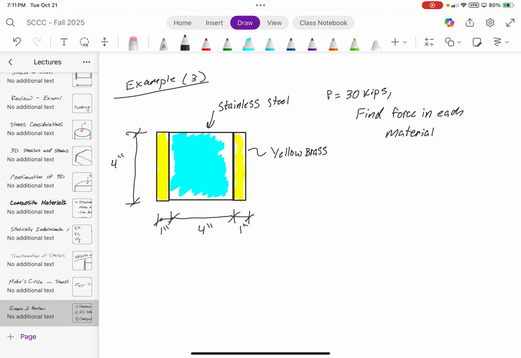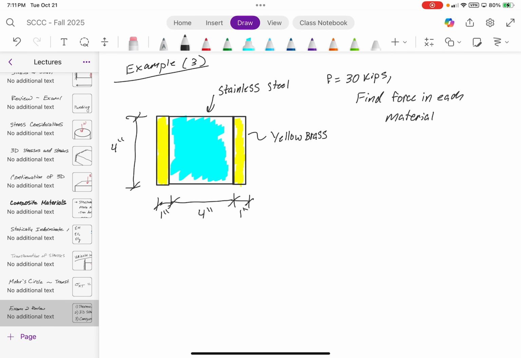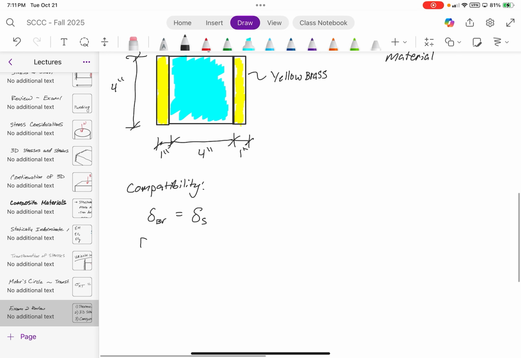All right, so first step, we want to understand how the materials relate to each other. What is this process called? Compatibility. And what does compatibility tell us? Exactly. Deformation of the brass in this case is going to equal the deformation of the steel.